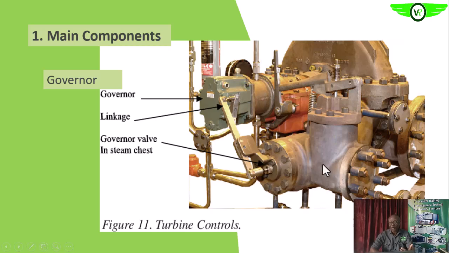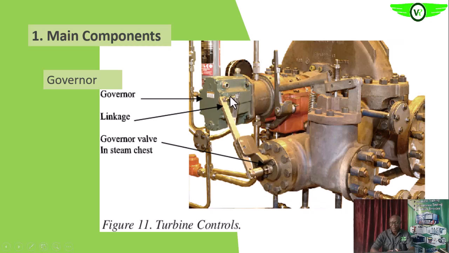This valve will open up. As you are opening the valve that is feeding the turbine, you see that since this is opening, that will now administer the steam into the steam chest of the turbine. Are we getting it? As it's going, this is the governor.